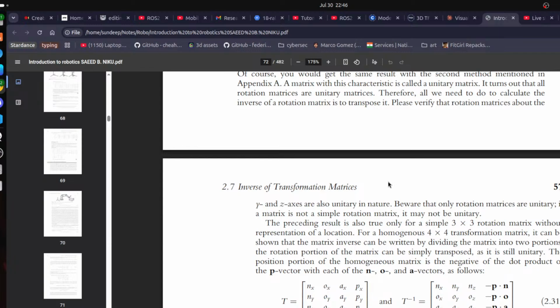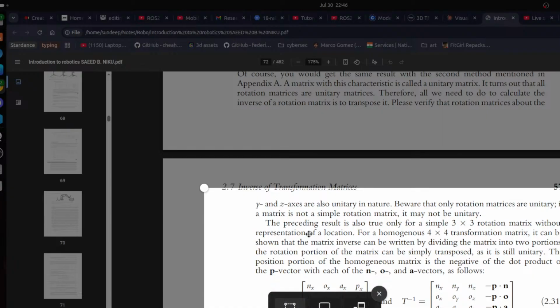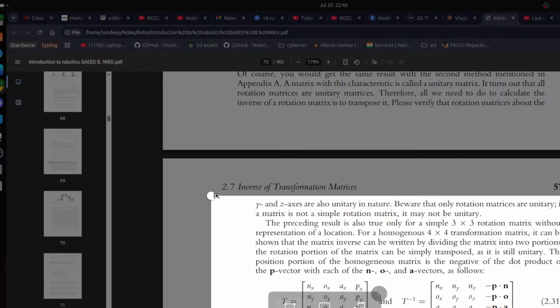This does not look like a conventional rotation matrix. That bugs me.